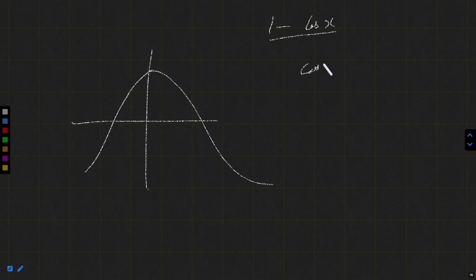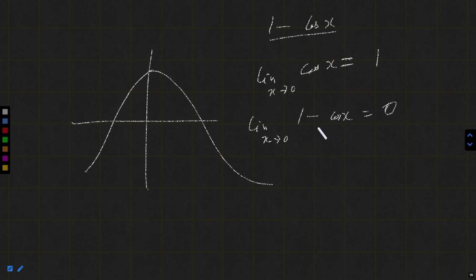Just observe, what about this cos x? If the limit as x tends to 0, then what will happen to this? You all know this is going to 1. So this means the limit as x tends to 0 of cos x is going to be 1. So far so good.